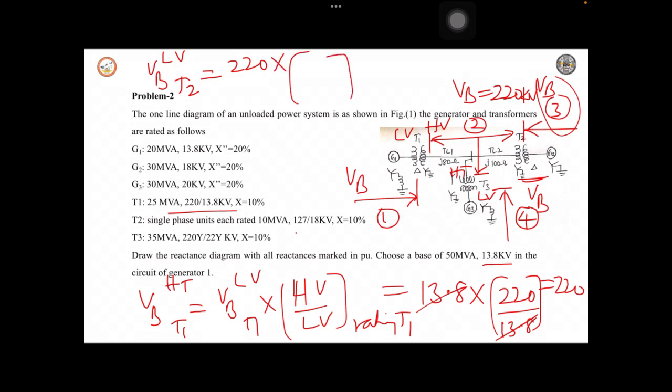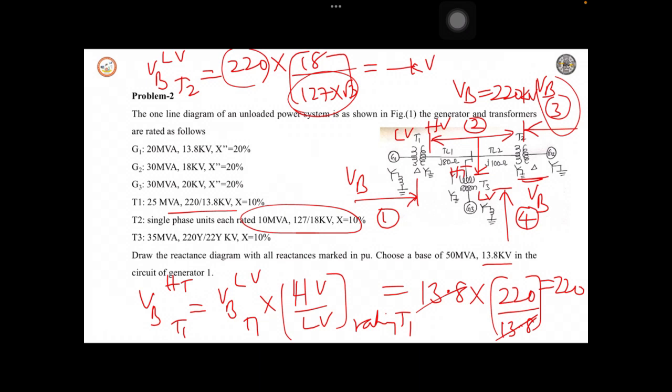Transformer 2 is found on 3 phase in the explanation, that is 127 into root 3 upon 18. Always these numerator and denominator terms should be almost in the same range. This is how you can find the base voltage on the third part.